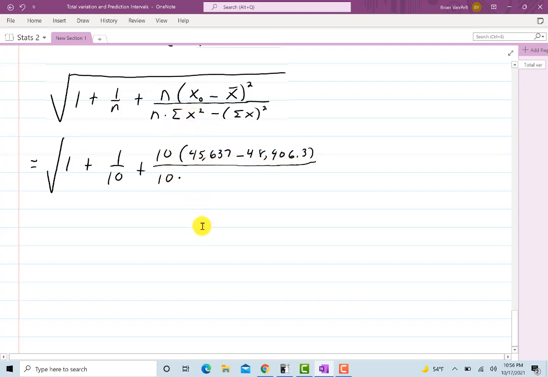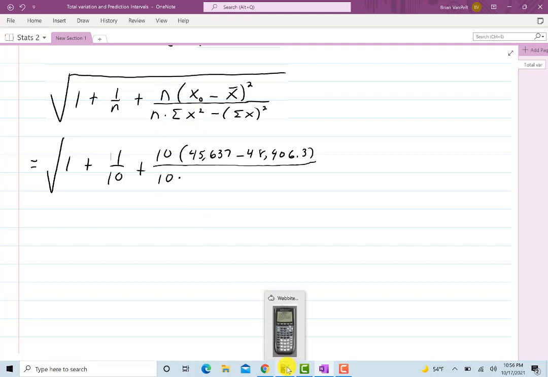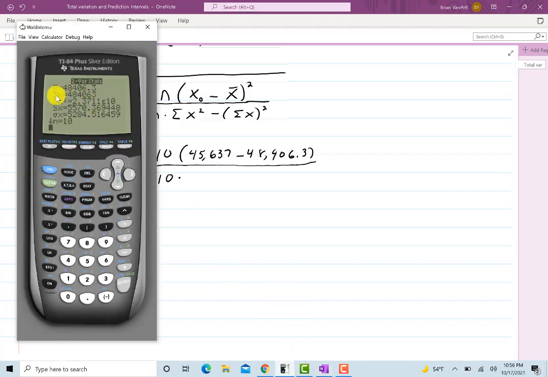Now let's get our sum of x squareds. That should be somewhere in there. It is. I don't like the looks of that, do I? Well, what are you going to do in a situation like this? Because if I write this, there will be a lot of rounding that occurs. If you put exactly what you see here into here, there will be rounding.